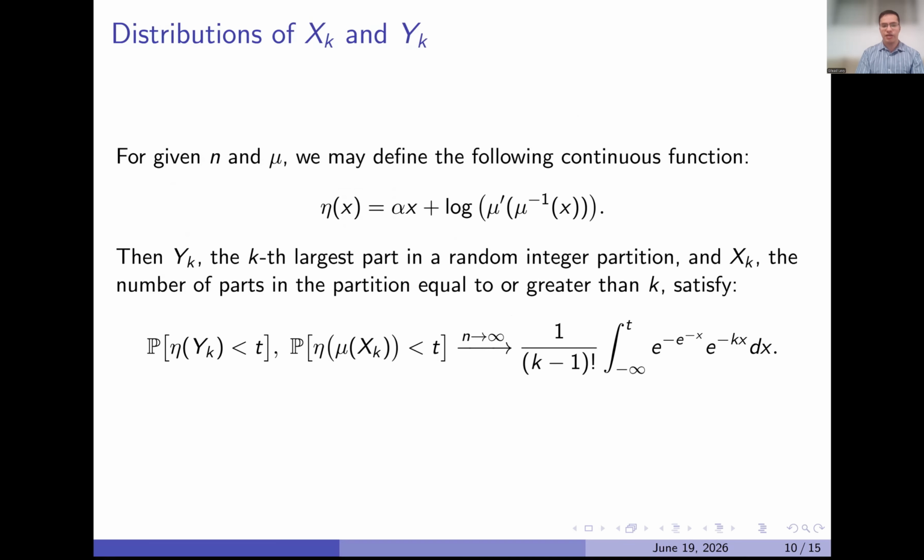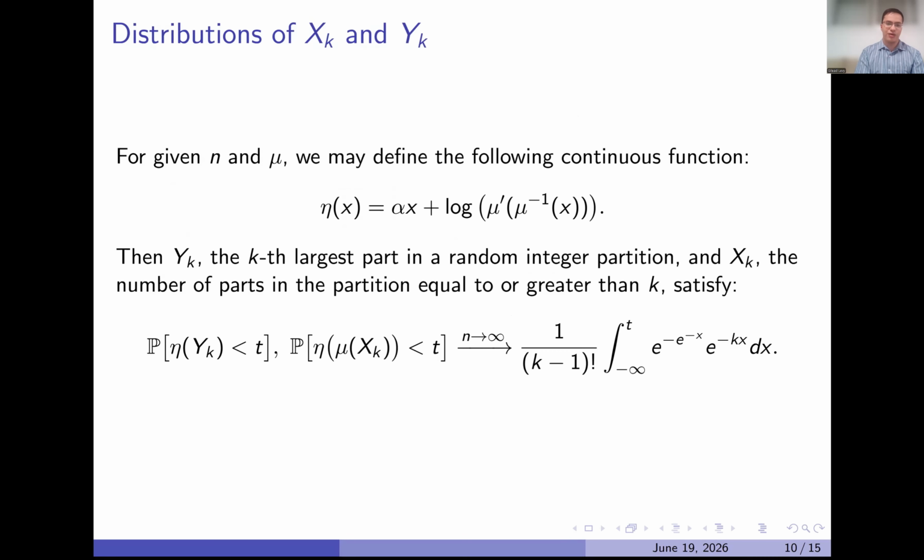A major stepping stone in our derivations is to show that the asymptotic distributions of y sub k and mu of x sub k are the same as n increases. We once again recall that y sub k is the kth largest part in the random integer partition, and x sub k is defined to be the number of parts in the partition that are equal to or greater than k.